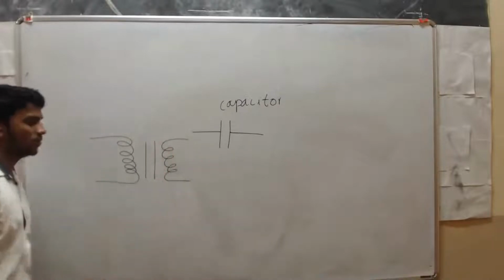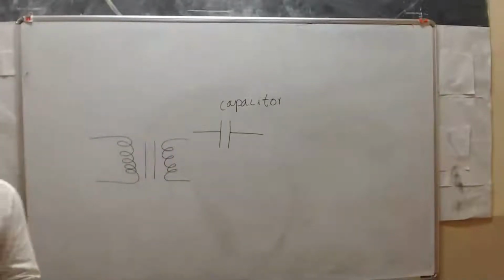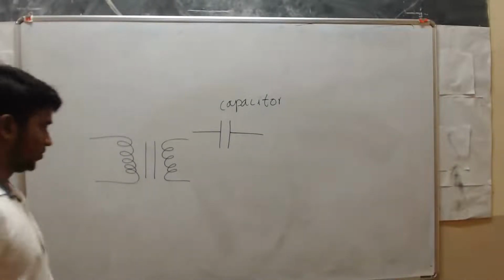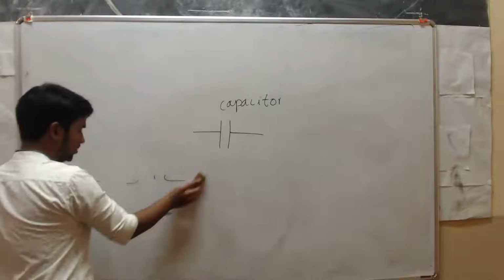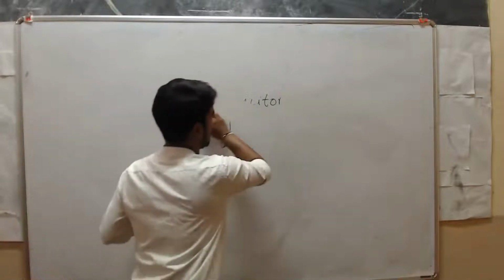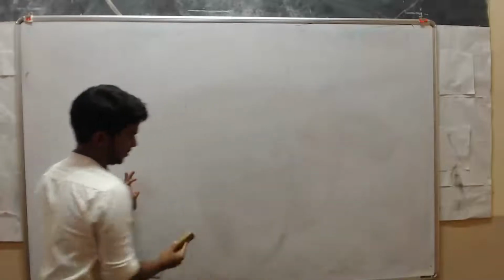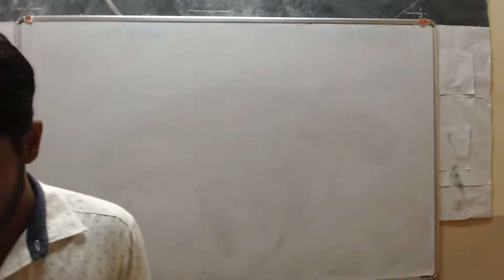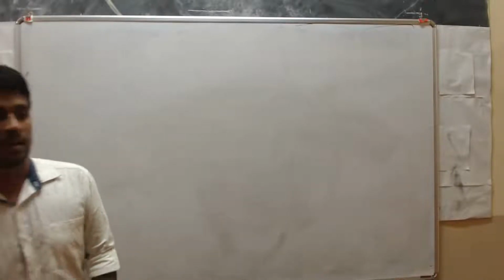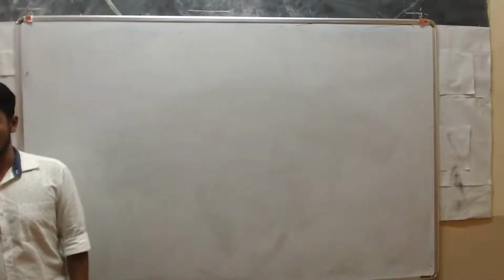This is a symbol of transformer, DC. So these are the symbols we use. We have more symbols, but we'll study them in higher classes. So using these electrical symbols, we will draw different electric circuits.